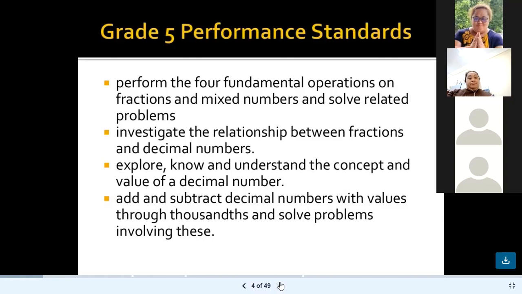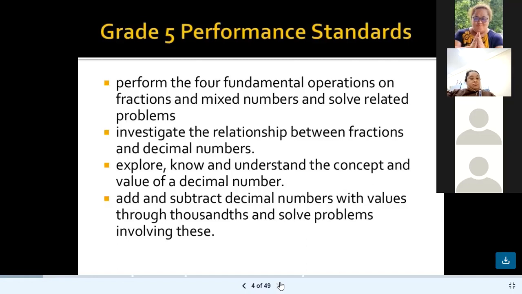Investigate the relationship between fractions and decimal numbers. Explore, know, and understand the concept and value of a decimal number.